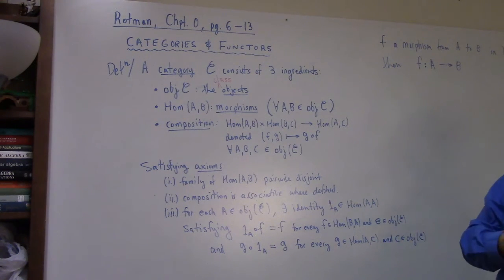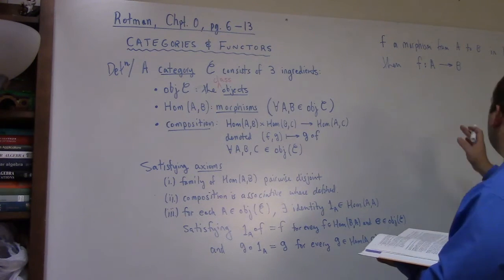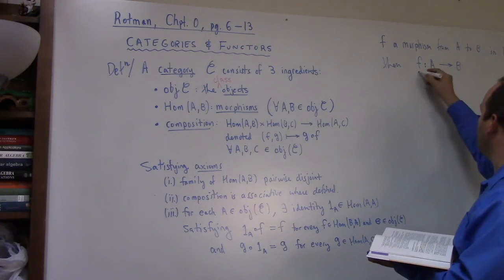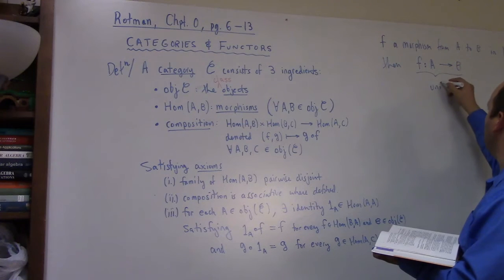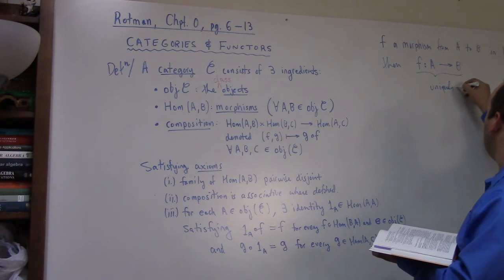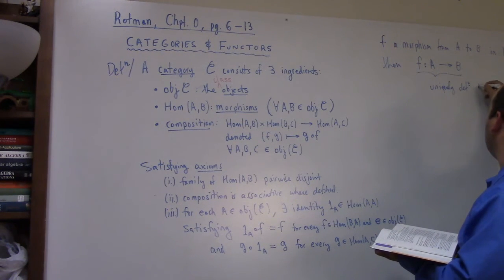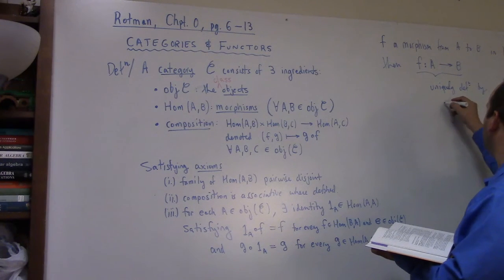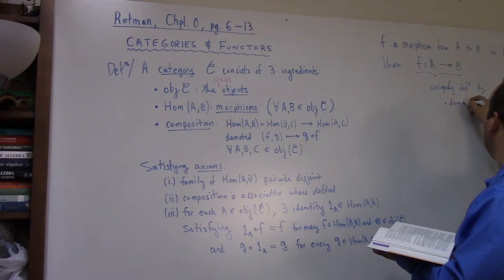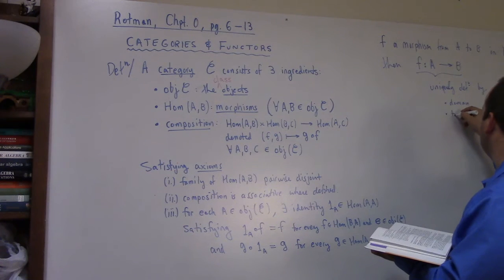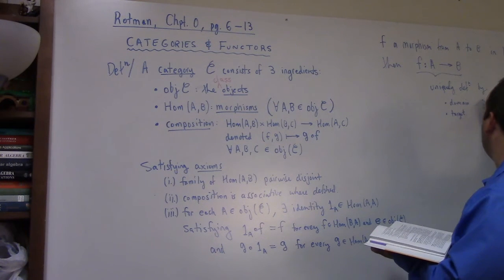But I guess that doesn't actually have to be a function. Nope. But he points out that a morphism is, what does it take to uniquely define a morphism? He says it's uniquely defined by the domain, the target space, right? And then the graph.